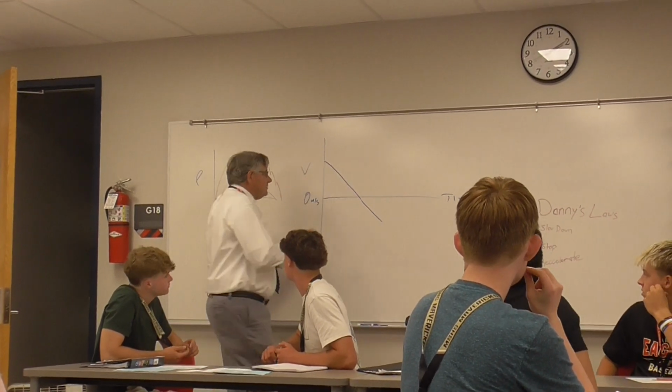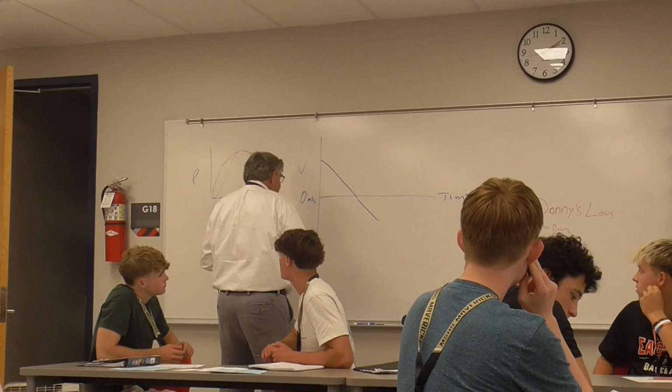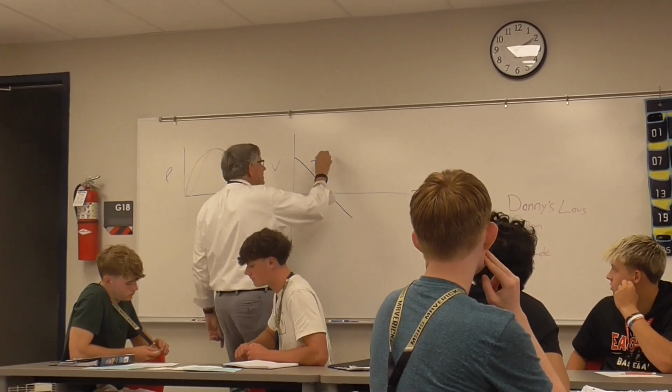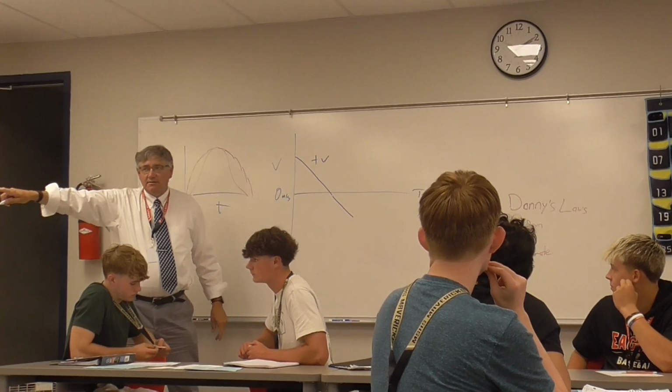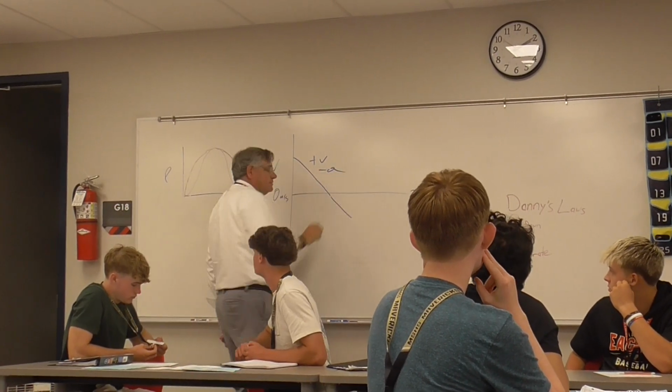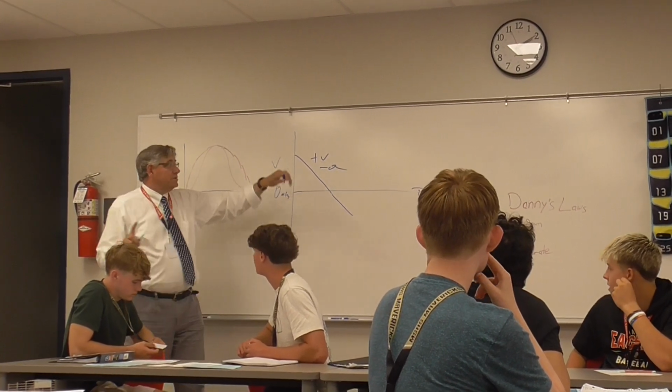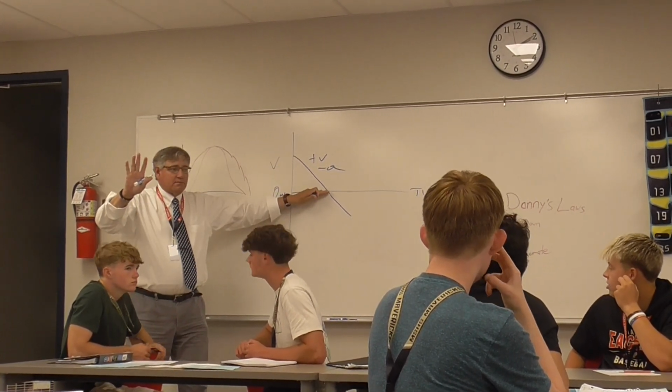Because what's the sign of the velocity above that line? Positive velocity. What's the sign of my acceleration? Negative. What's it going to do? Speed up or slow down. Slow down.